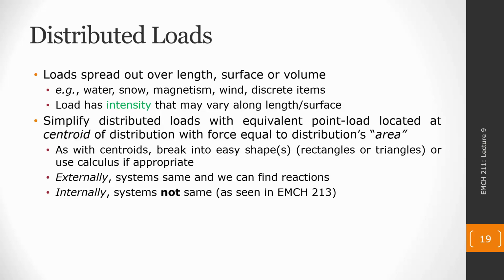And we want to know where we can put its equivalent point load, and it's going to be acting at the centroid of that body. This is how we are going to convert our distributed loads to an equivalent point load. And once it's a point load, we know how to deal with it just like we've been dealing with it with our 2D or 3D rigid body problems.